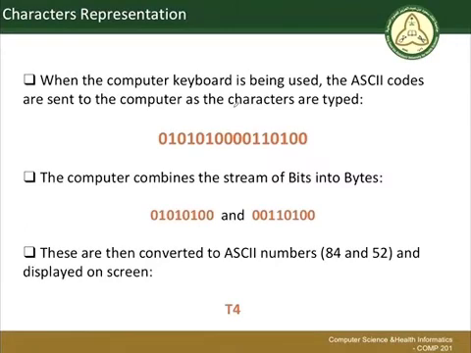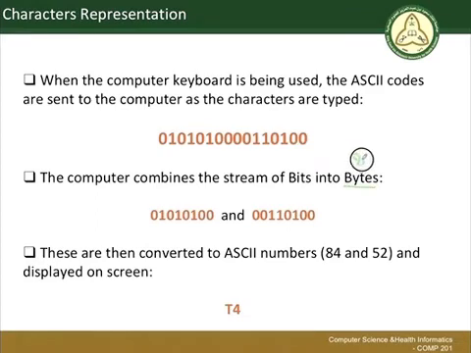So when the computer keyboard is being used, the ASCII codes are sent to the computer as the characters are typed. The computer will combine the stream of bits into bytes, and again, what do I mean by bytes?